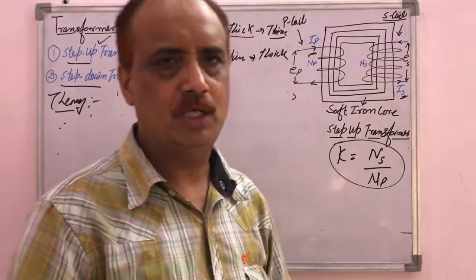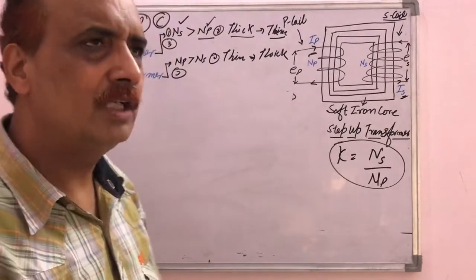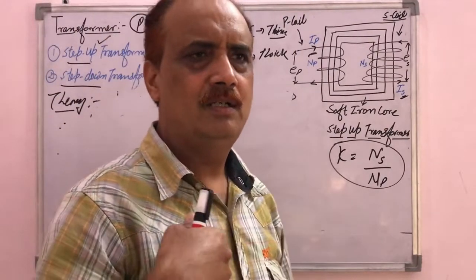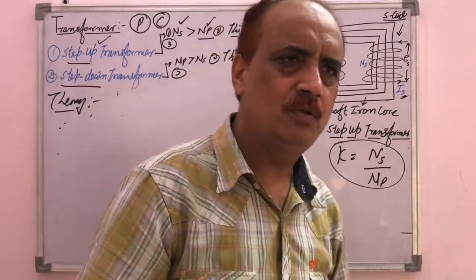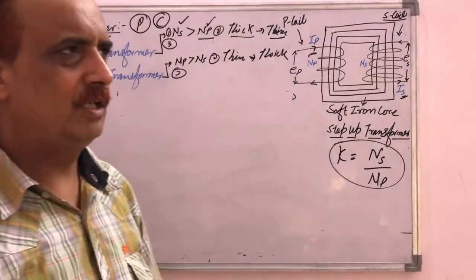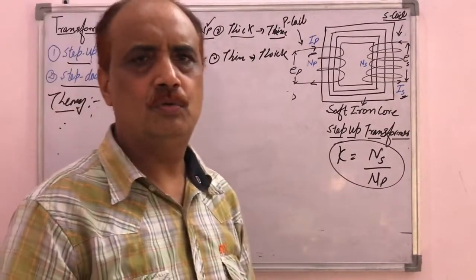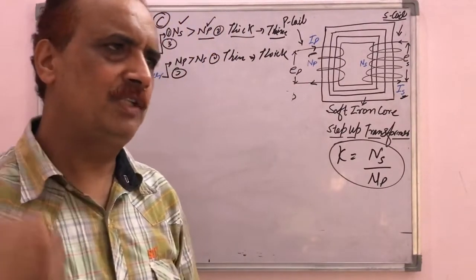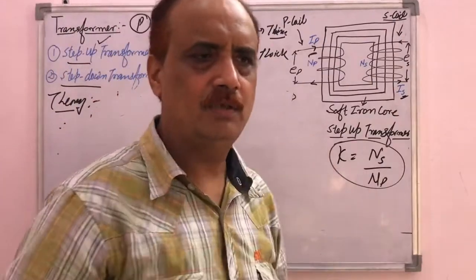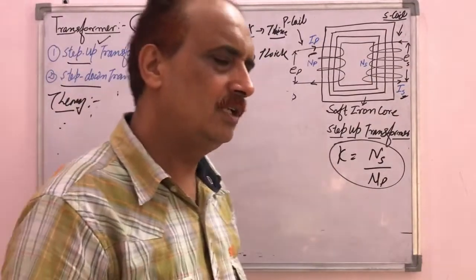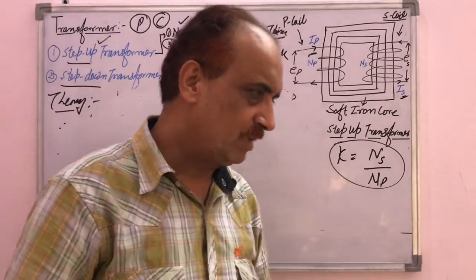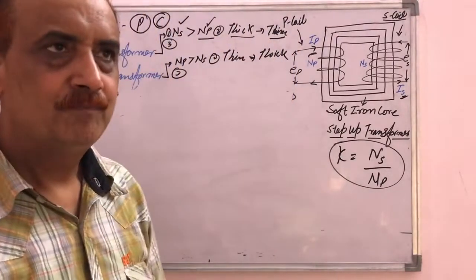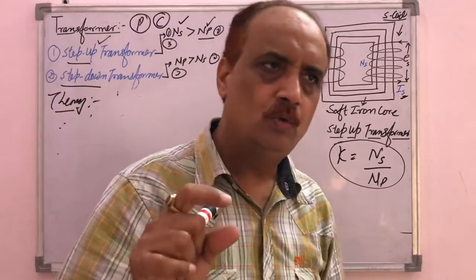Now in the transmission line, what type of voltage is used to transmit from one station to another point, one place to another place? Generally, at high voltage the current will be low.